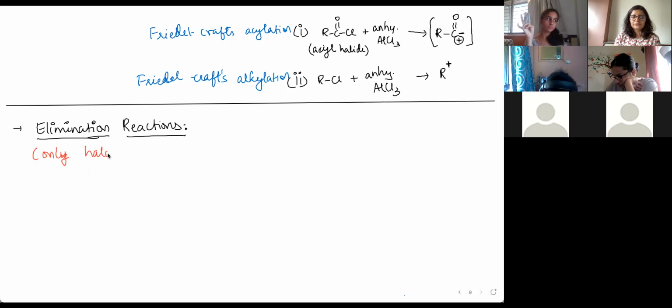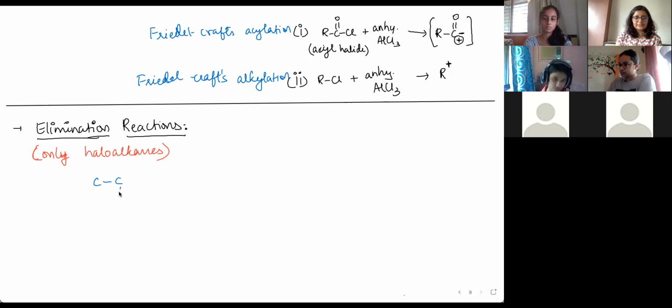Only haloalkanes will undergo this. Why? We'll discuss the mechanism, then figure out if you can see why. Otherwise, I'll discuss that afterwards. So only haloalkanes will undergo this.